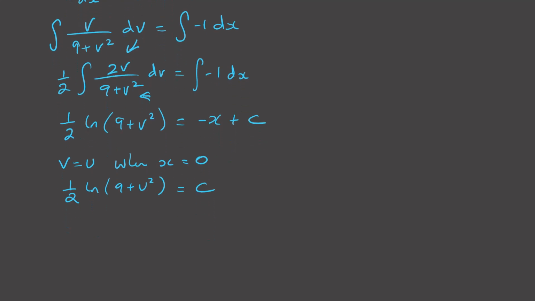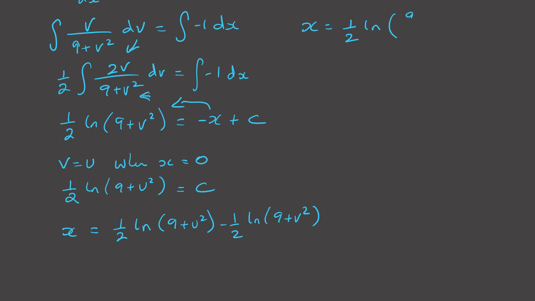And that would give us that x is equal to, I'm just going to take the x onto this side, a half ln 9 plus u squared, take away a half ln 9 plus v squared, and then using a log law we can say that is a half ln of 9 plus u squared divided by 9 plus v squared.